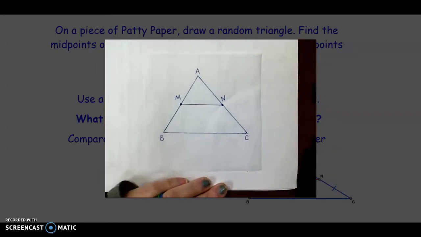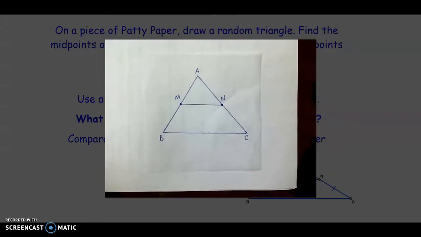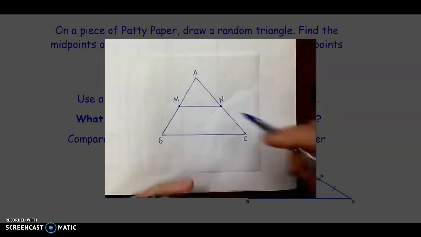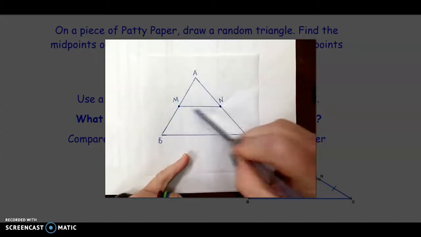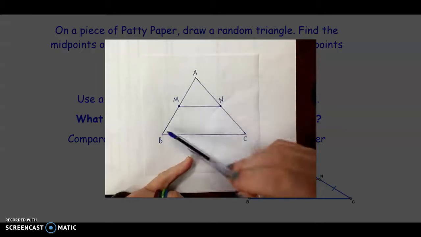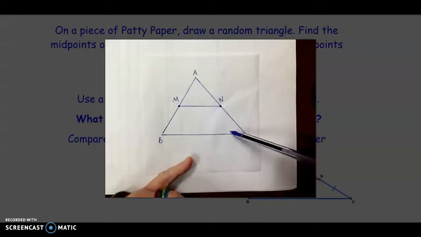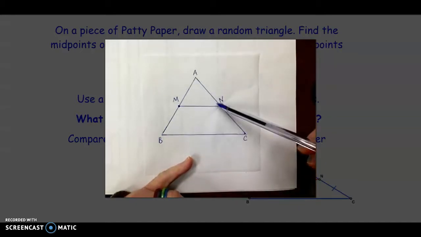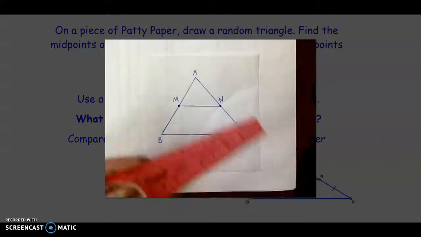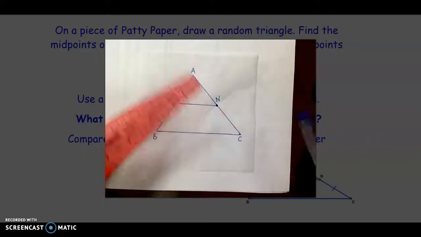So now I'm going to need you to pause the video and make some measurements. I want you to use your protractor and measure all of the angles in this drawing. So the vertex, well, it's not really a vertex angle because it's not isosceles, but angle A, B, and C, and then these two angles created at points M and N. I also want you to do some measurements of side lengths.